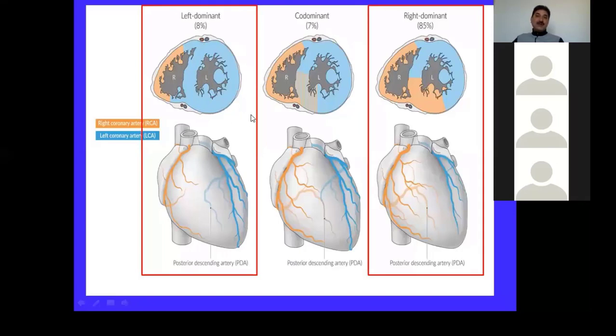So it will have disastrous consequences as compared to the right dominance. So better among the two is right dominant. But if we talk about the codominant, that is the best type of circulation, because here posterior interventricular septum is supplied by the two coronary arteries. So we'll prefer to go for this codominance. It is a better type of circulation if we are taking pathologies into consideration.